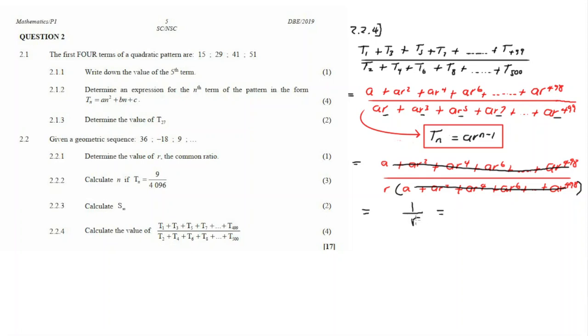Remember, we calculated r in 2.2.1: r was negative 1 over 2. So I substitute my r and calculate, and I find that my answer is negative 2. So this is my final answer. This expression is equal to negative 2.